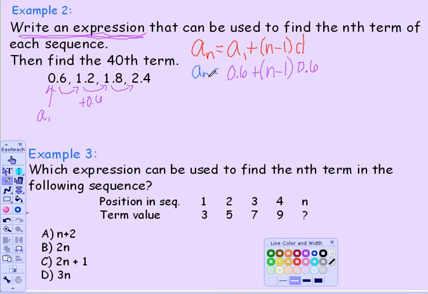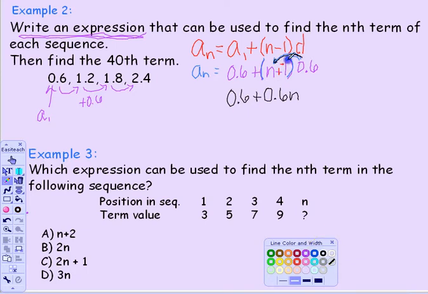However, it's not simplified. So you have to go through and simplify this. To simplify, we have to get rid of these parentheses. To do that, we call on our old friend, the distributive property. So the distributive property gives us 0.6 plus, right here, 0.6 times n is 0.6n. Inside, we have the subtraction. Change it to plus the opposite.